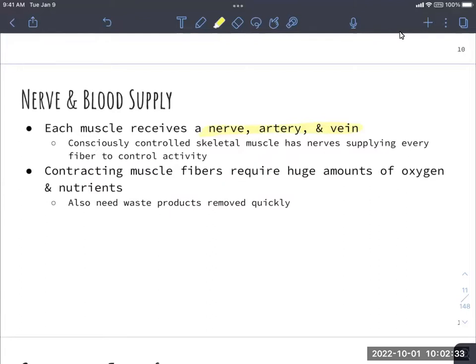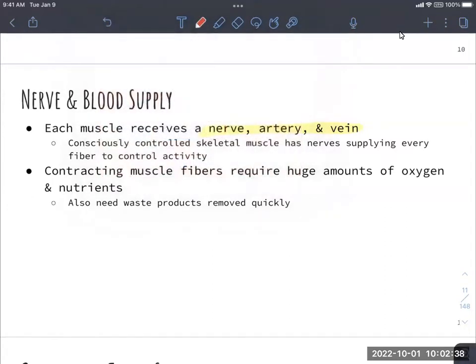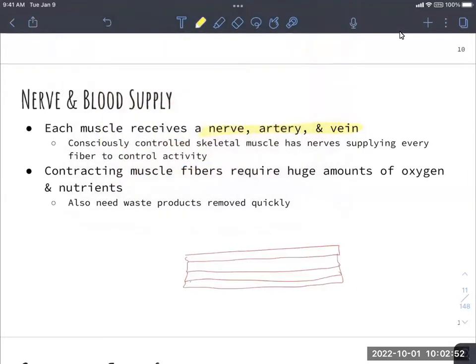But in muscle, if I have, here's a muscle fiber, here's a muscle fiber, here's another muscle fiber. They're all kind of lined up nice and neat together. But every muscle fiber has its own nerve attachment.